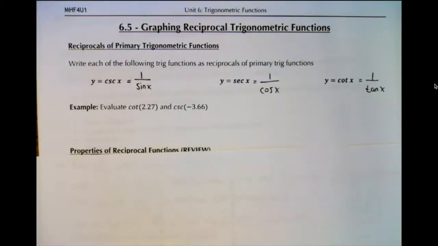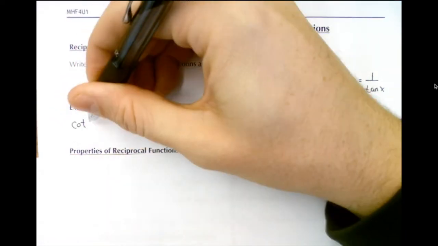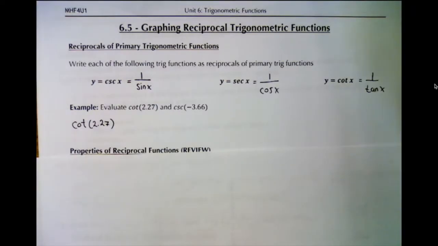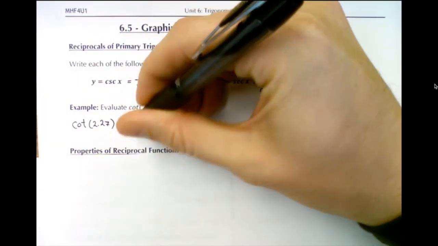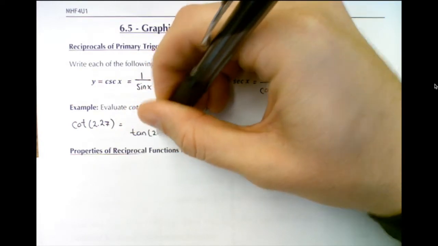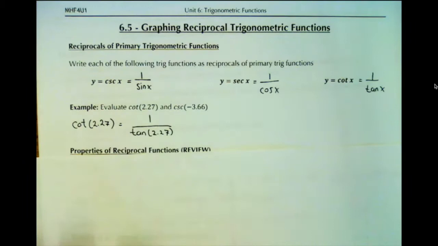So if we're given one of those reciprocal ratios and asked to evaluate, we can do so by using its related primary function. For example, if we want to evaluate cotan at 2.27, that would be the exact same thing as evaluating its reciprocal tan at 2.27 and taking its reciprocal, or doing 1 over tan of 2.27.